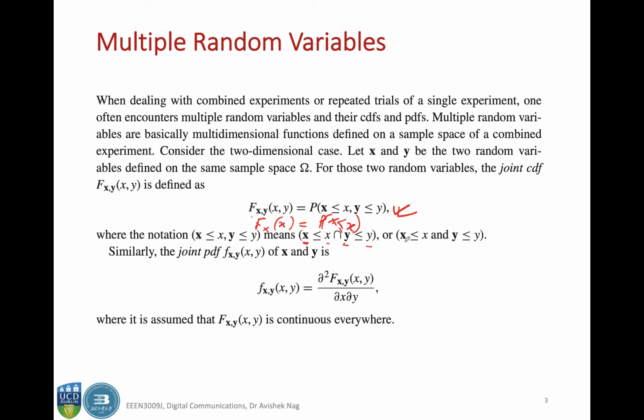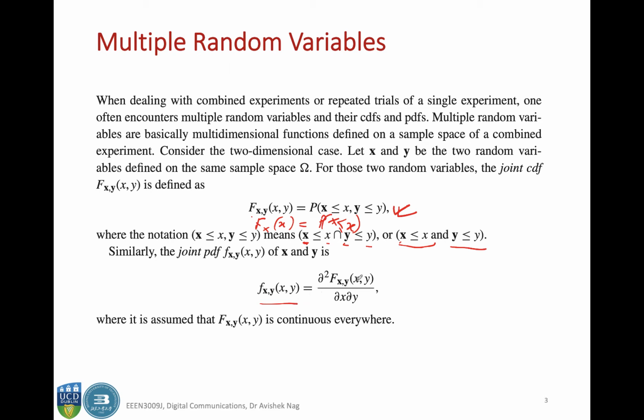So this is the scenario here. So when we have a comma, basically this means both happening together, that x takes a value less than small x and y takes a value less than small y.